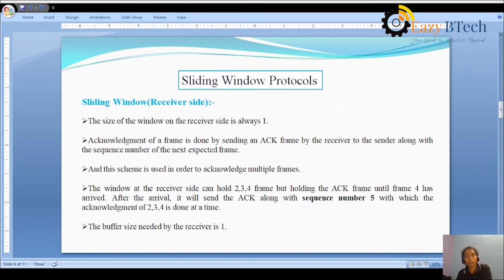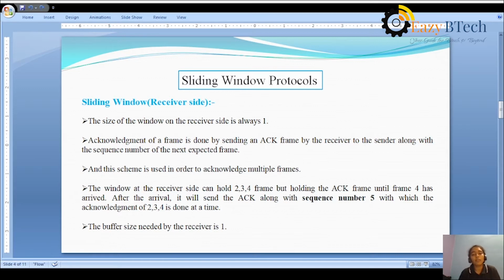This scheme is used in order to acknowledge multiple frames. For multiple frames, the receiver sends only one acknowledgement frame to the sender.